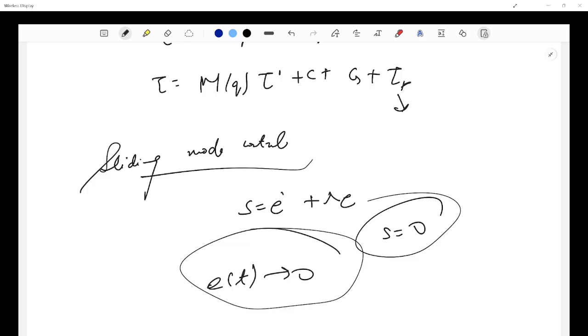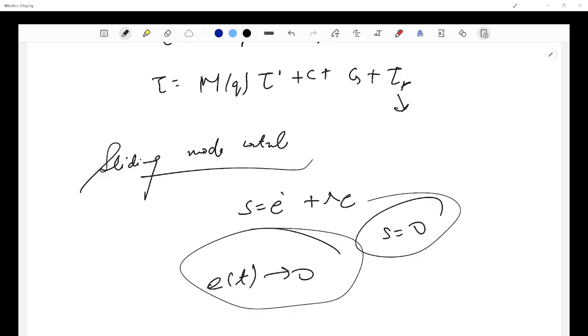In real robots, we never use pure methods. We combine model-based plus adaptive control, and model-based plus robust control. So nonlinear control of robots basically evolves in three levels.